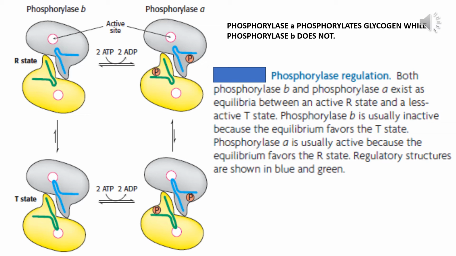Phosphorylase A, which is functioning, is usually in the R state because the equilibrium is inclined towards the relaxed state, while phosphorylase B is usually in the tensed state because its equilibrium is favored towards the T state. That means phosphorylase A is in the R state and it is functioning.